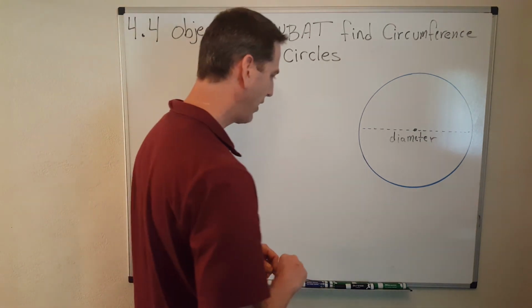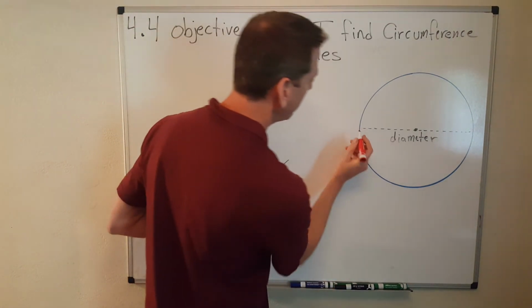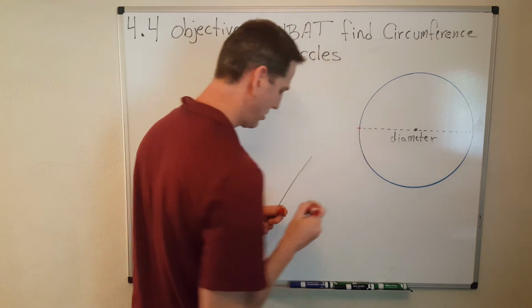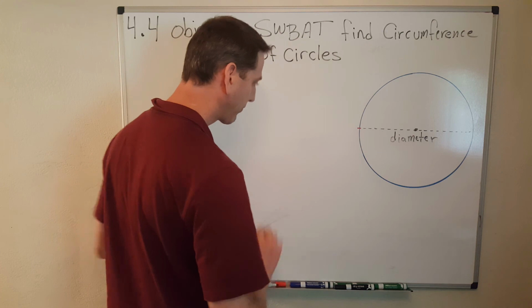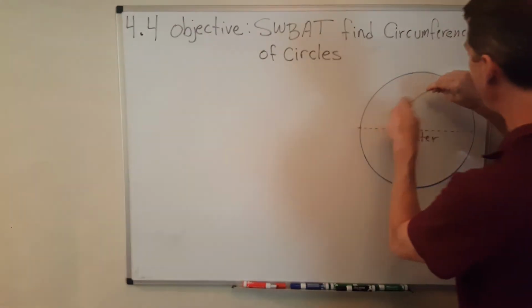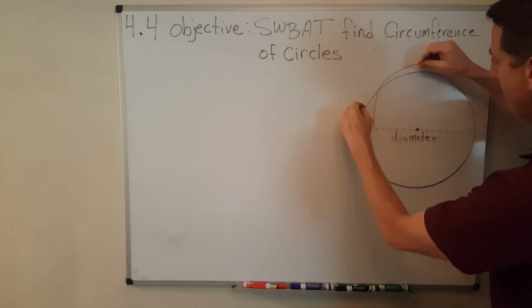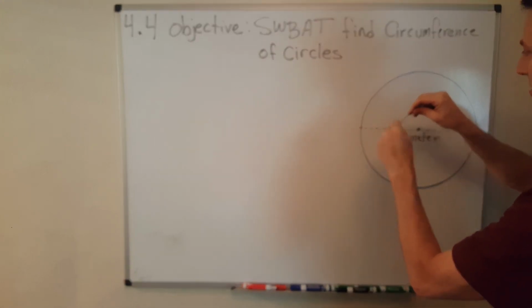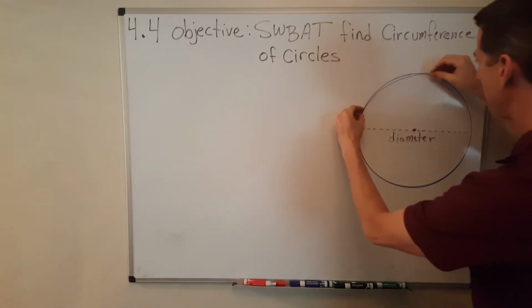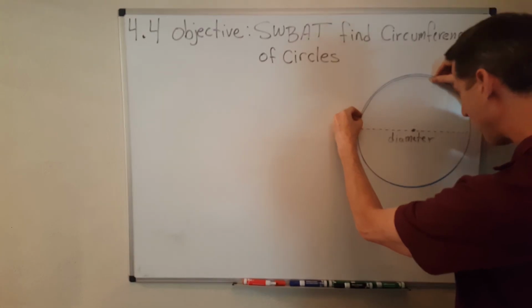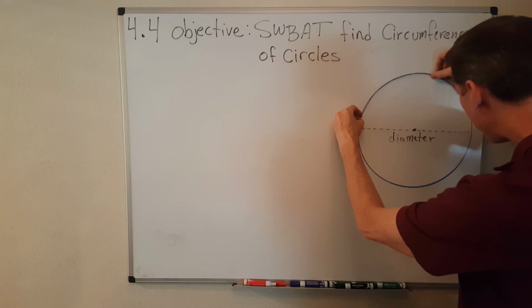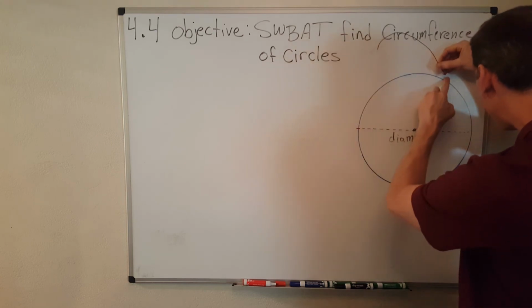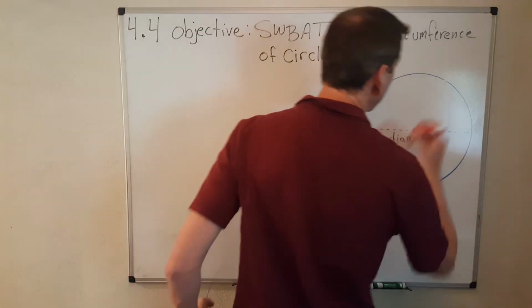Well, let's find out. I'm going to start right there. Now I'm going to bend this a little bit. Obviously this is not going to be exact, but it'll be good enough for our purposes. So about right there.